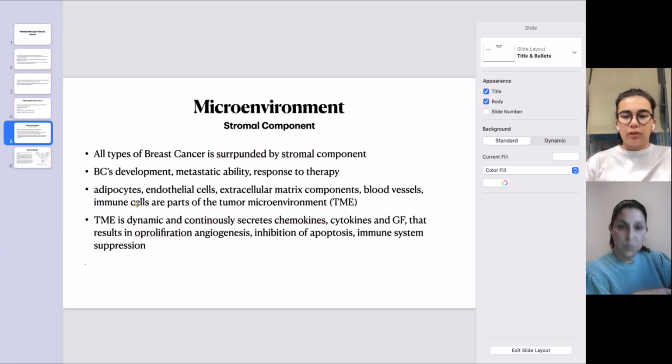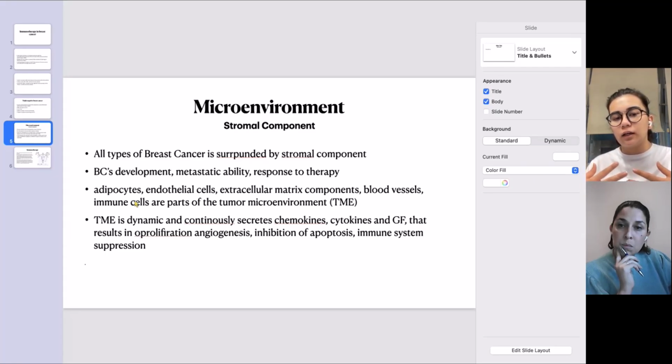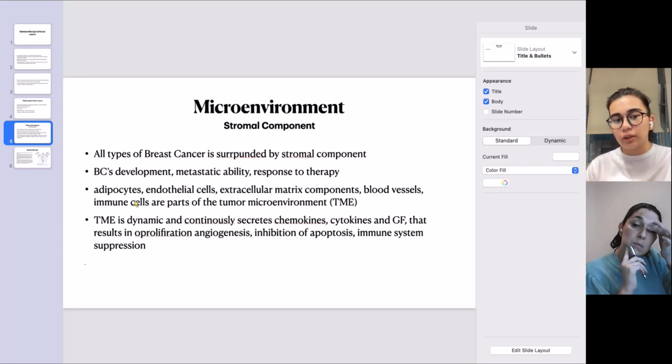And the microenvironment of the cancer is really important. It plays a crucial role in the development of the cancer and its progression. The microenvironment of all breast cancer is called the stromal component. Breast cancer development, its metastatic ability, and response to therapy are highly associated with the stromal component.